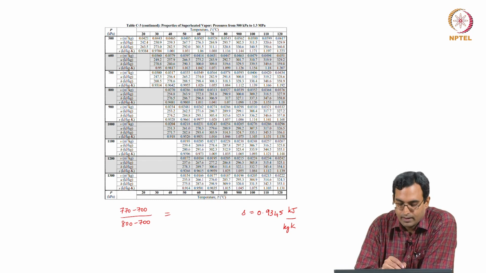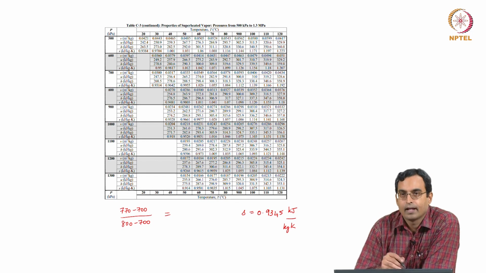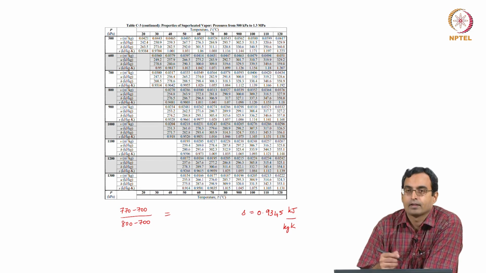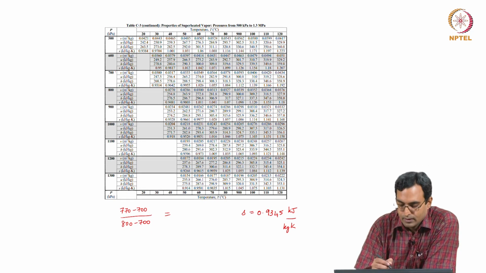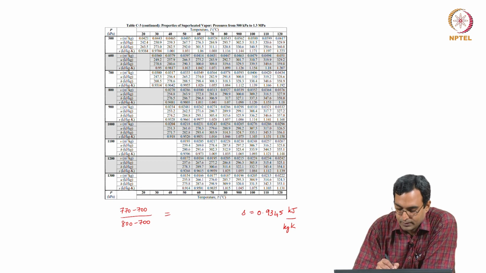So, if I had actually the values listed at say 750 or 760 or 770 kilopascals, I would be able to find it. So, let me assume for the moment that the pressure I have is equal to 700. So, if the pressure was 700, what I see is that the entropy lies between this value and this value, which means the temperature lies between this value and this value.